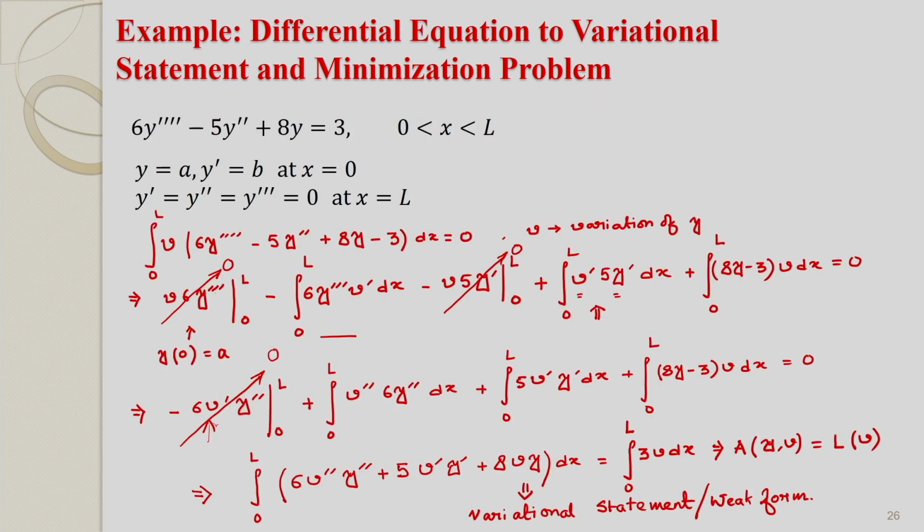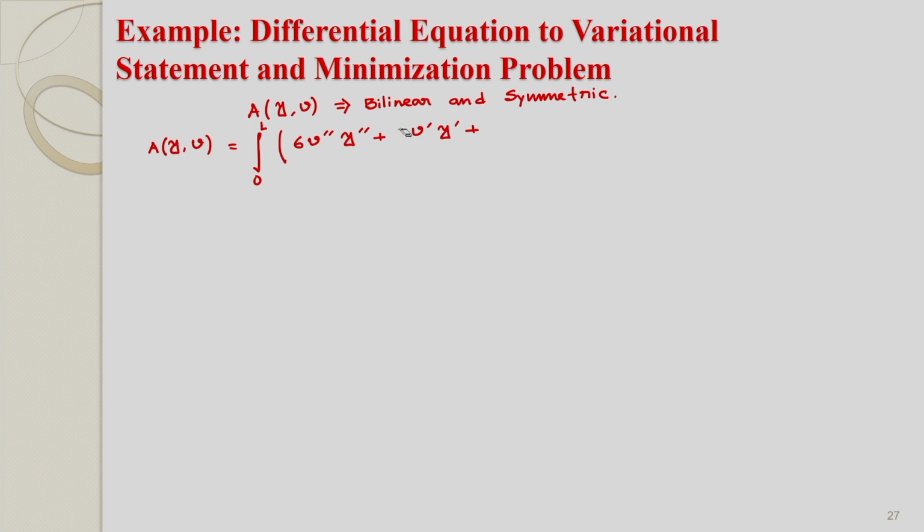So, if we see our A(y, v), it is the integral of 6 v double prime y double prime, plus 5 v prime y prime, plus 8 v y dx. So, this is our A(y, v).